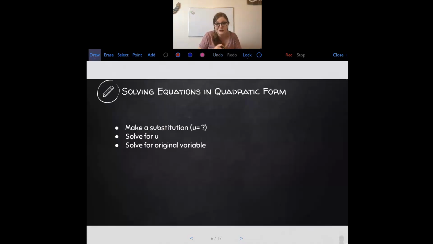So we'll make a substitution first, and what we're doing is we're taking an equation that we've identified as in quadratic form. We'll make a substitution to get it in the form of au squared plus bu plus c equals 0. We'll solve for u using principles that we've learned, and then we'll make sure that we, in turn, solve for the original variable.